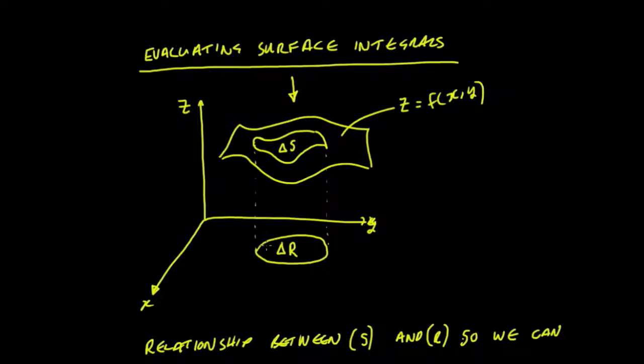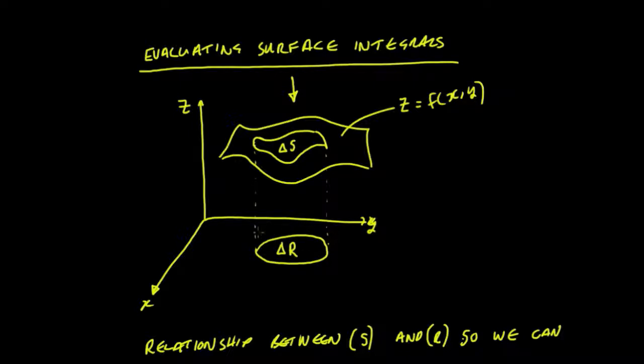So let's take an example of, say, a map. If you have a map of the UK, you can work out the area of the UK from that map. But that area there would be this area delta r.